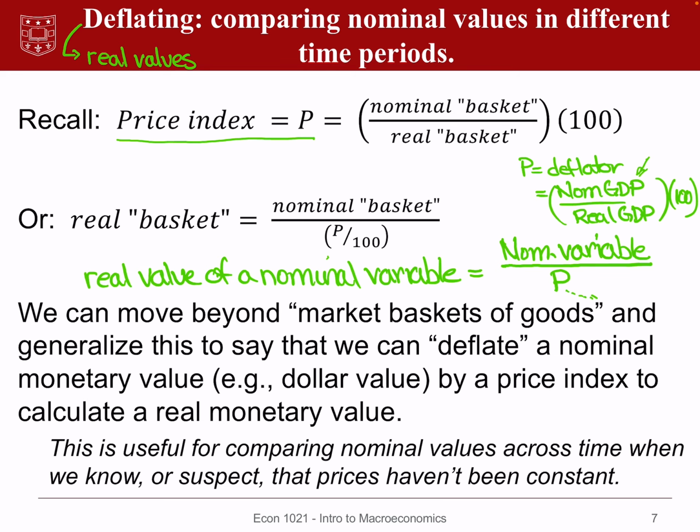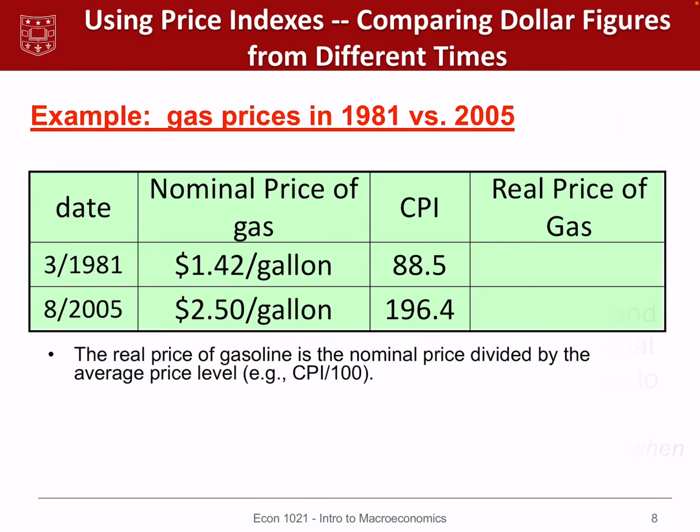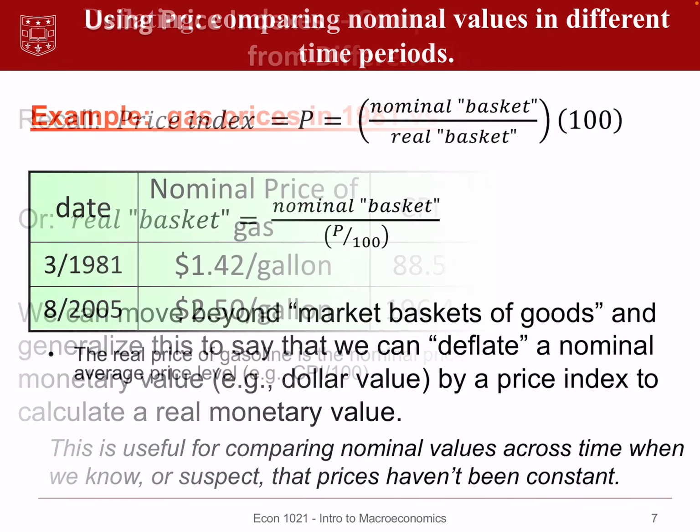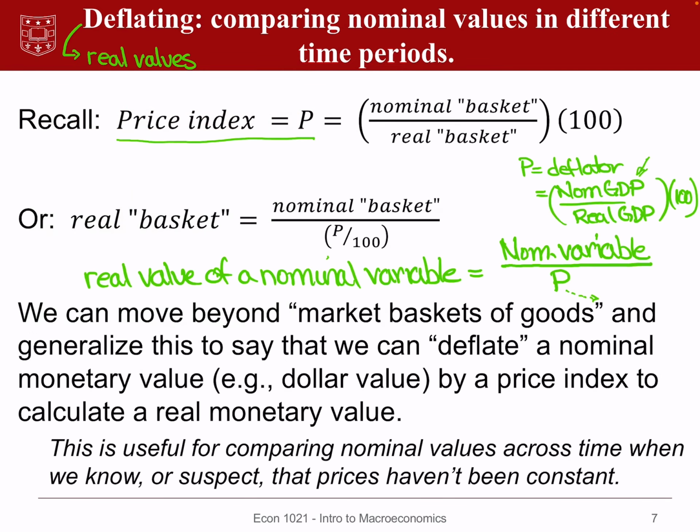Or again, depending on how that average price level is expressed, we would have the average price level divided by 100. Conventionally, in anything that I would give you, it'll be like the example that we're going to see next, where you would be doing this division of the average price level by 100.